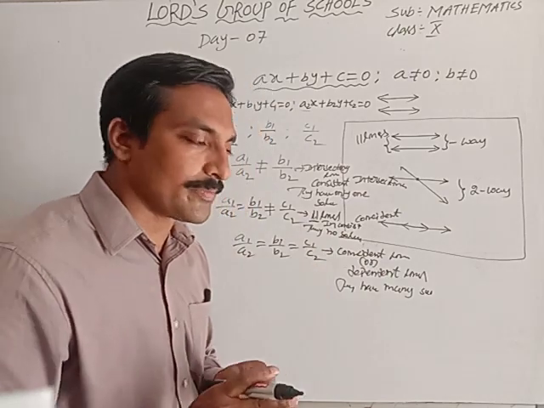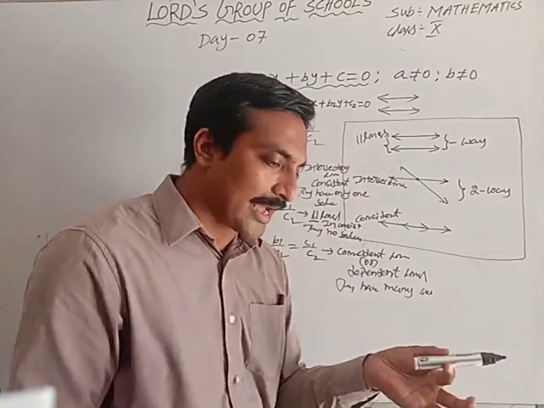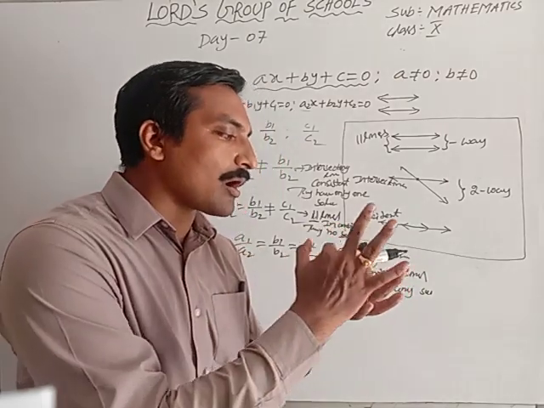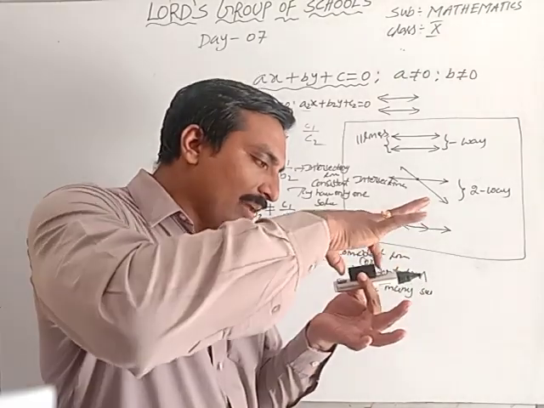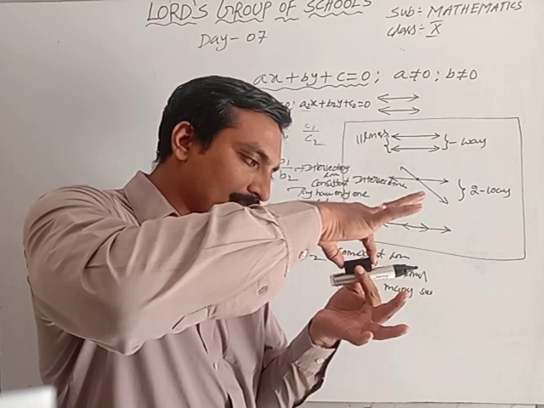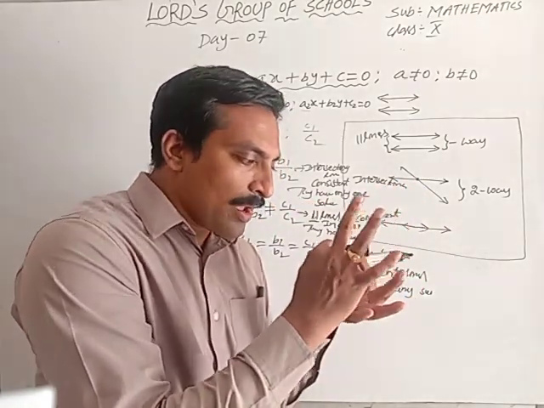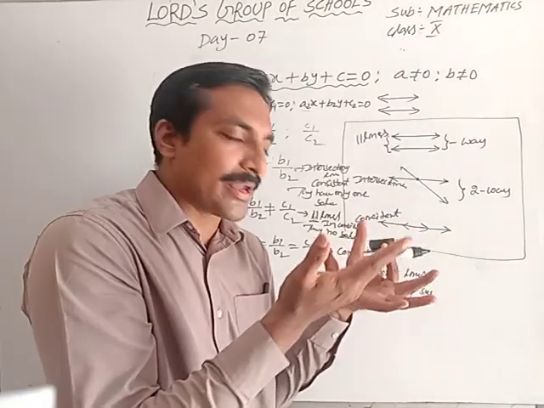They have many solutions. For example, this is one line, this is one line, and this line lies on that line. Then these two are called coincident lines. When one line is kept on the other line, all the points are intersection points. How many points are there? Infinite points are present.